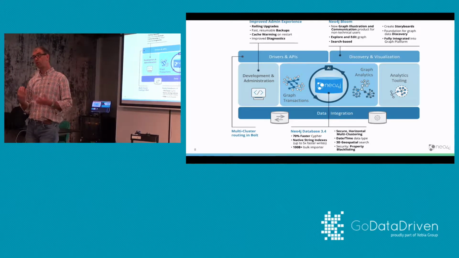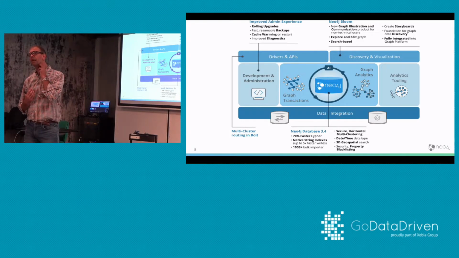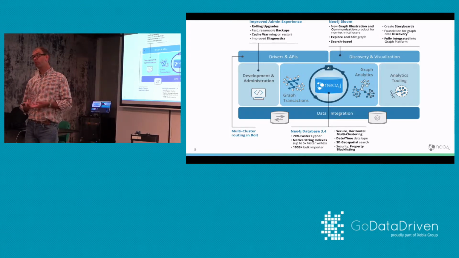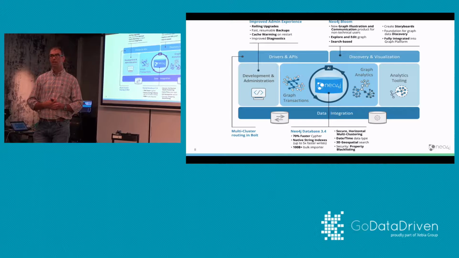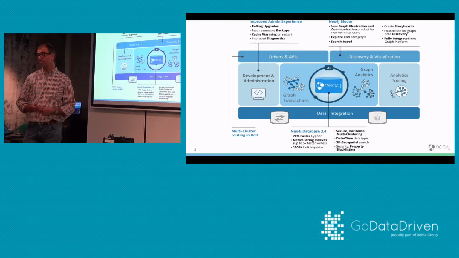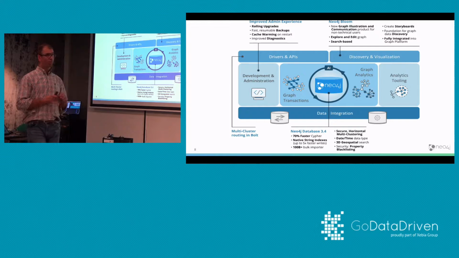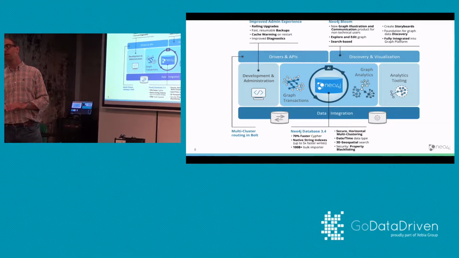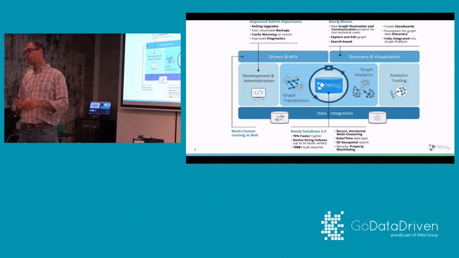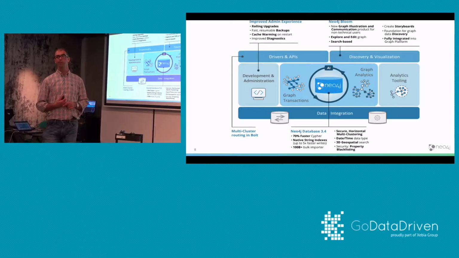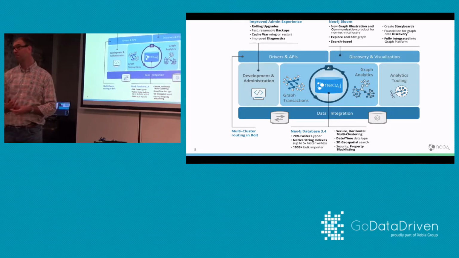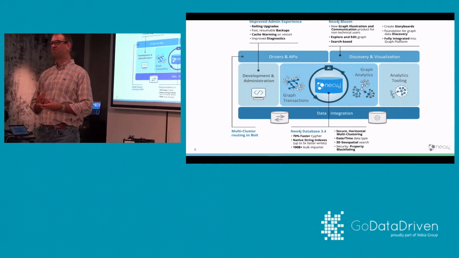Neo4j's strategy is very much about building things around the graph database that make it easier, more valuable, and more accessible for people to use graphs in their daily operations and build business applications on top of it. There are a lot of tools around that core database that are releasing very soon or later this year that are going to reside on top of this 3.4 release. So guess what? It's an important release for us. We're going to be stuck with this for a while.